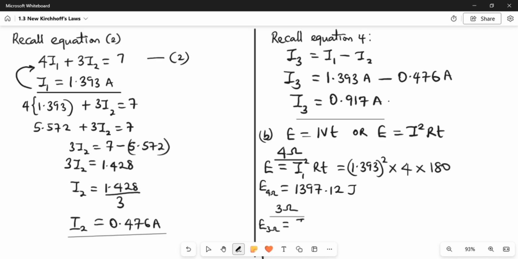So we say I2 squared RT, which is equal to I2 is 0.476 ampere times 3 ohm times 180. So this is approximately equal to 122.35 joules. Let's move on.